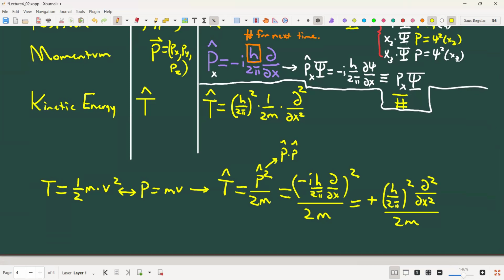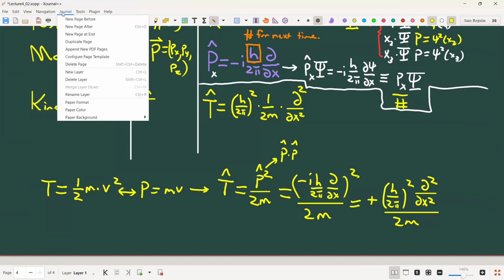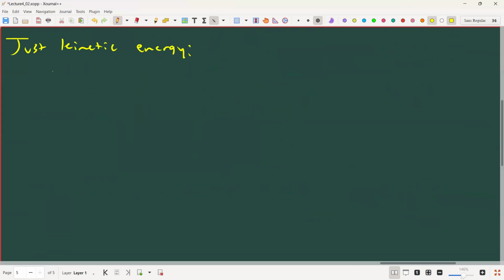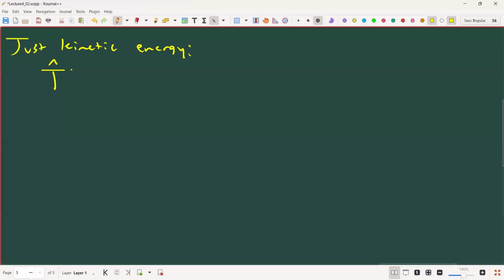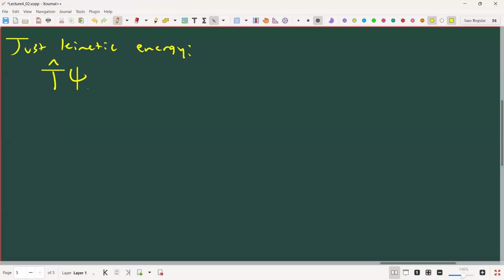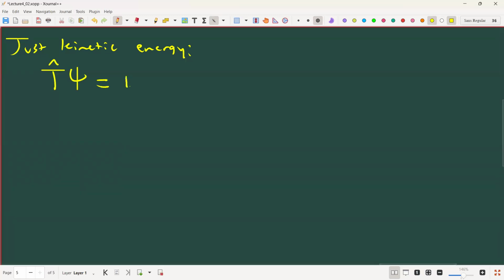In just the last 30 seconds, let's set up a problem. Imagine we have a particle that just has kinetic energy. We'll finish this up next class, but let me just set it up for you. Every system that satisfies the measurement of kinetic energy is going to give some kinetic energy value T sub E times psi.